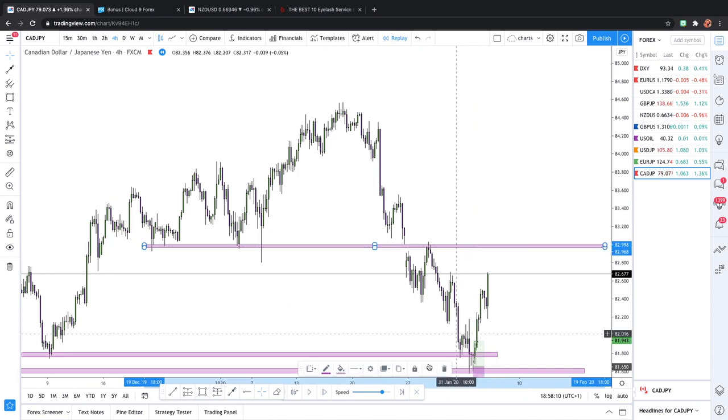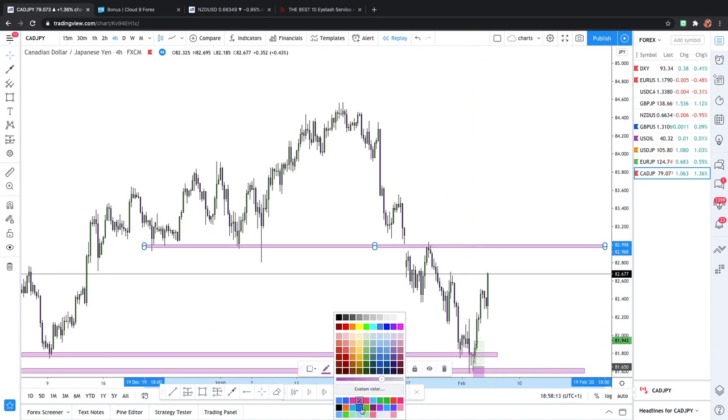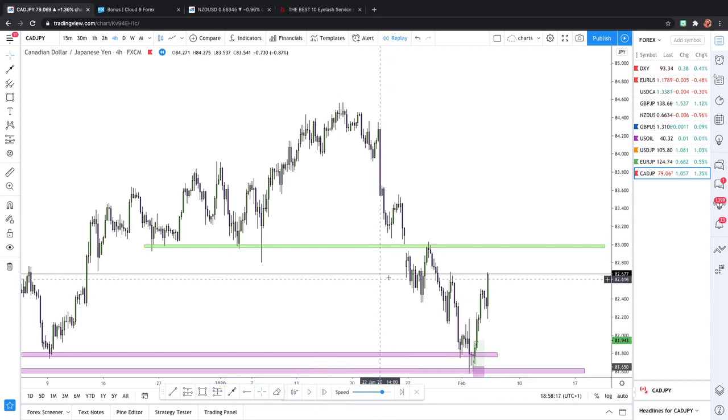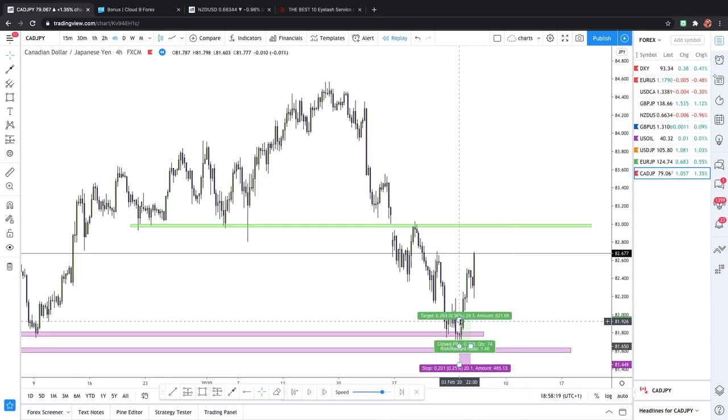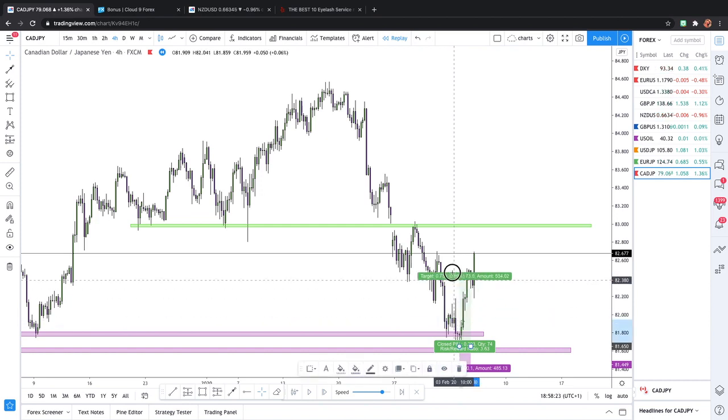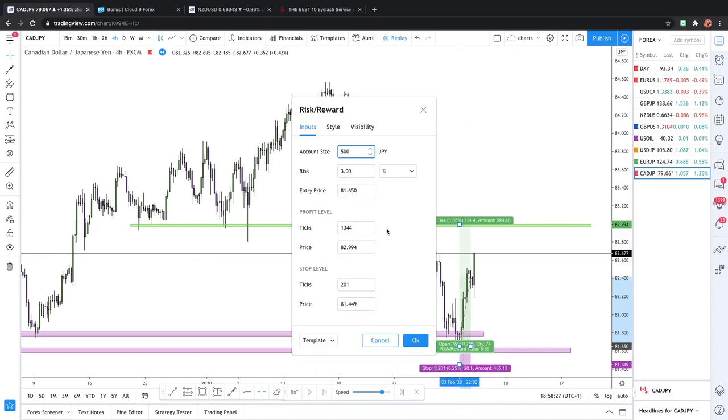So now this is resistance. Okay, so our first target from this 81,650 would be this resistance zone. Okay, so around 83.